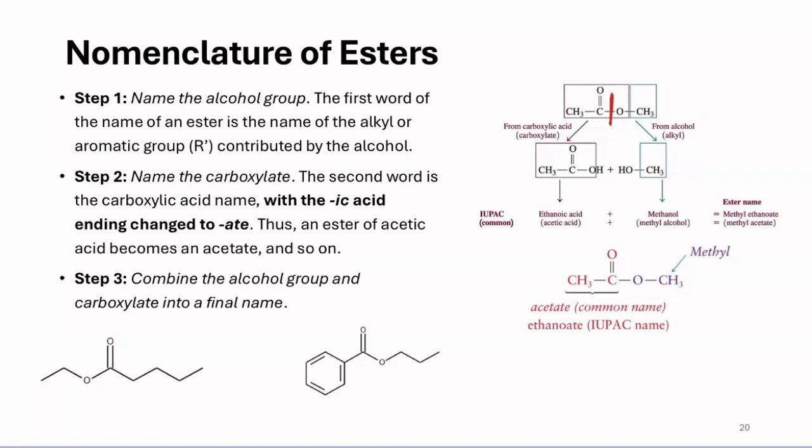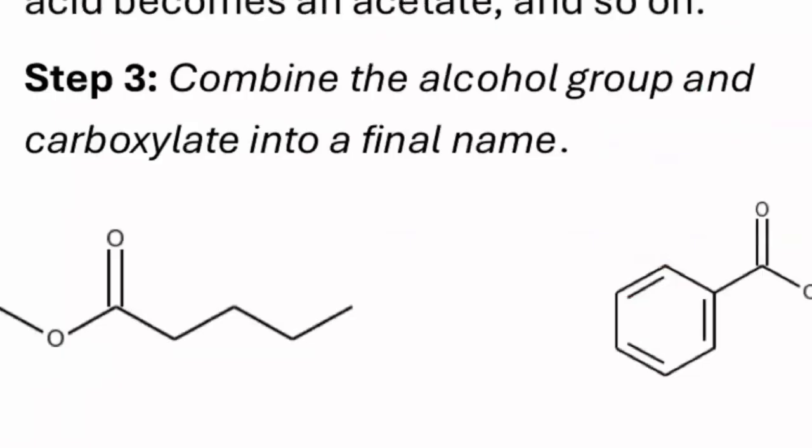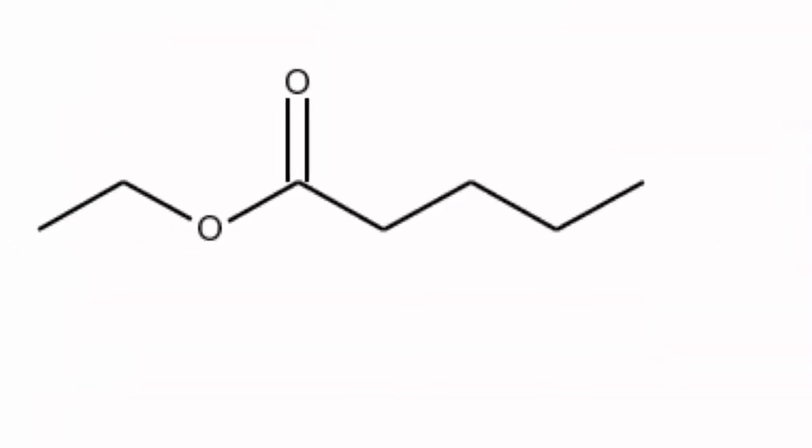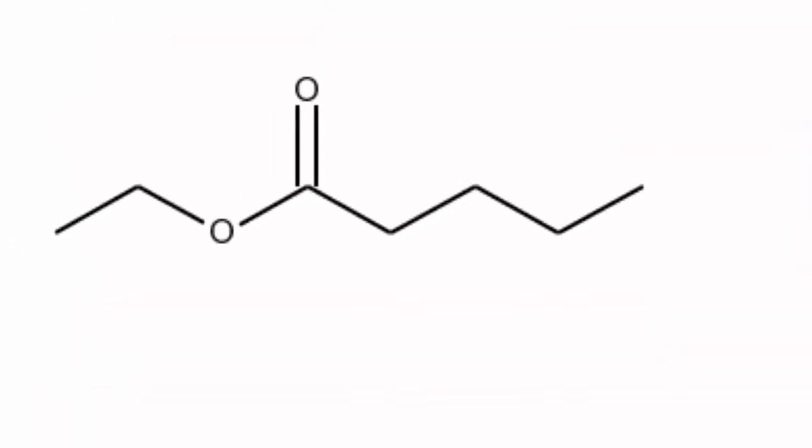Let me do the examples below. You have the 3 steps on the left side of the slide that is going to help you to understand how we name esters. In the following ester, I'm going to write a line in between the C double bond O and the single bond oxygen.